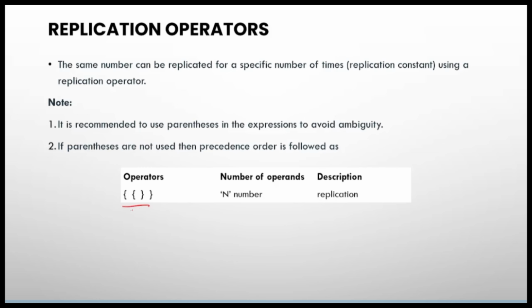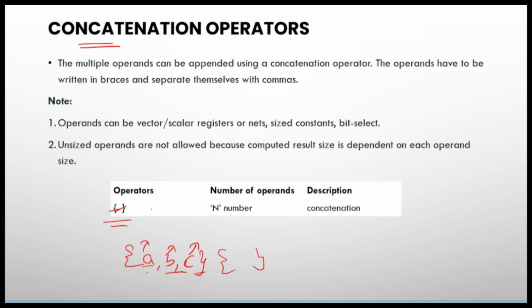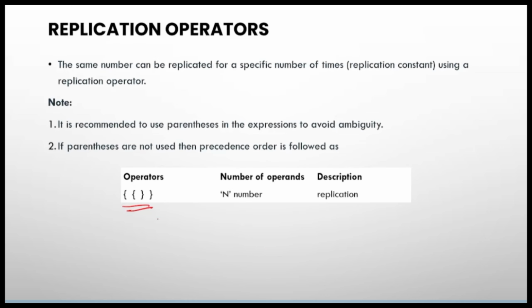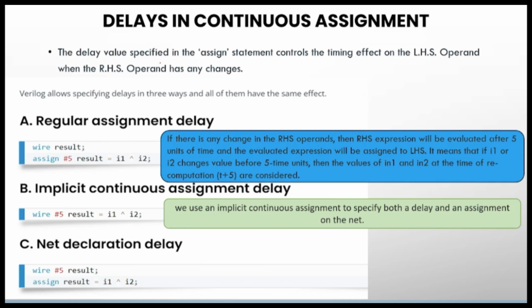Then coming to replication, you see concatenation has 2 braces and replication has 4. Replication means it just replicates. That means if you want to print the same value 2 or 3 times continuously, then you will use this replication operator. Clear?